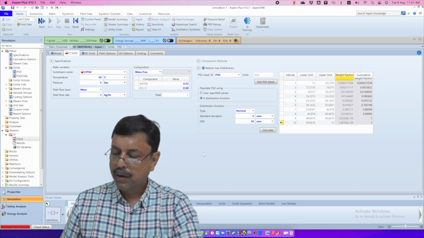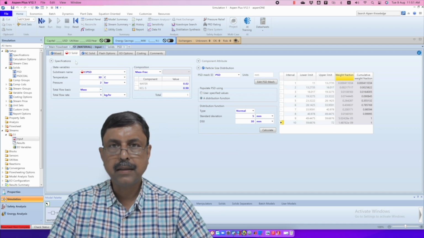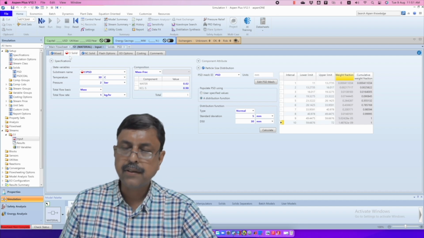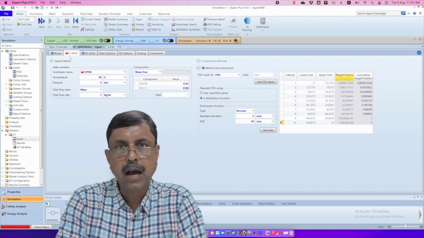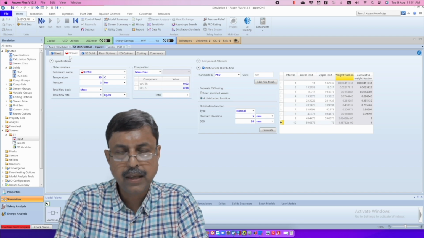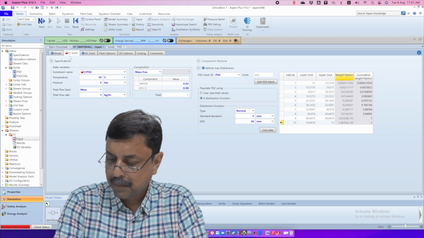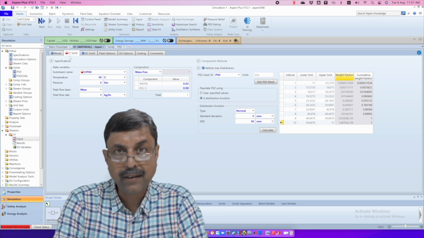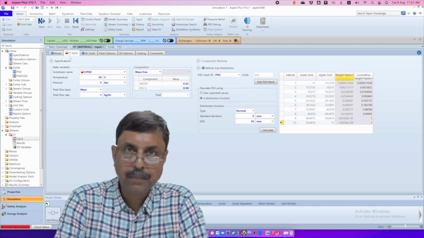Now we have created the particle size distribution, but still we find this one to be half red and half white. It necessarily means that the information input of the feed stream, S1, that we are defining is not yet complete.